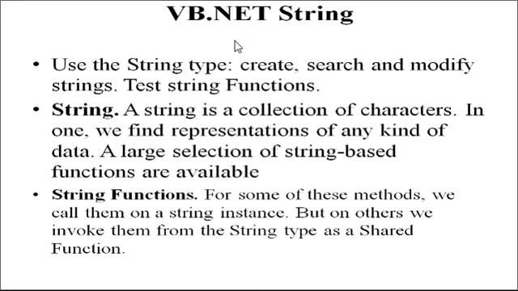In Divi.NET, the string type is used to create, search and modify a string. A string is a collection of characters, a representation of any kind of data. A large selection of string-based functions are available.